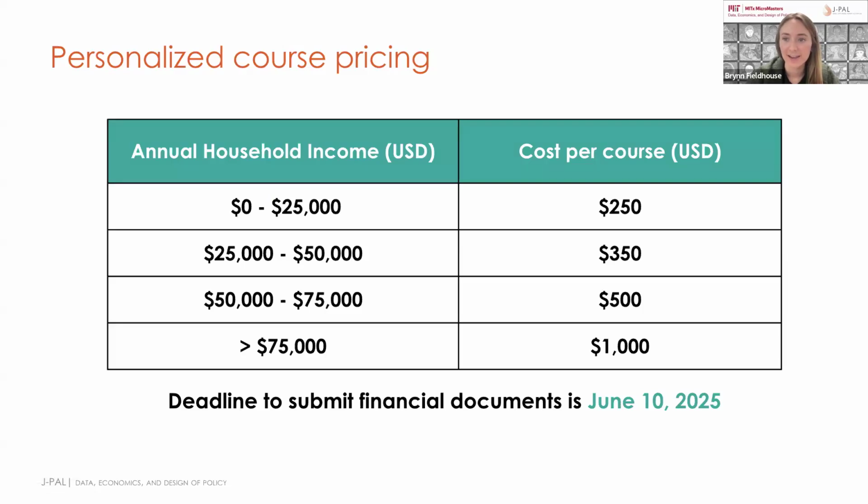For example, if your annual income ranges from $0 to $25,000 per year, then your course price would be $250. Just want to note that it does take us a few days to review financial documents, so please request financial assistance and submit your documents in advance, and then more instructions will be provided to you over email.